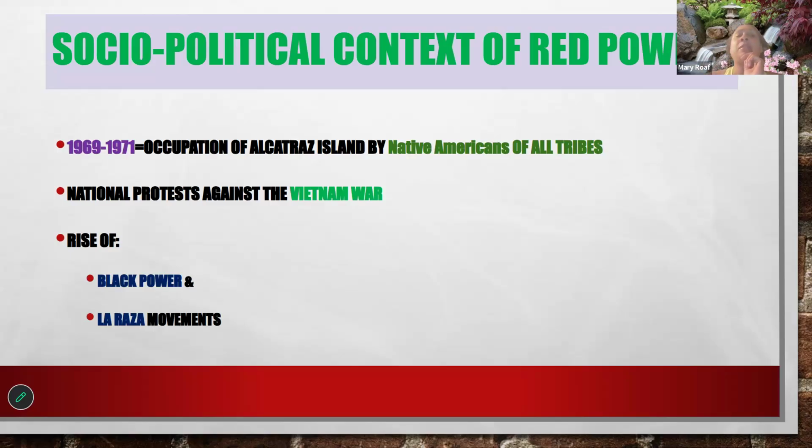We have national protests taking place against the Vietnam War. We also have the rise of Black Power and La Raza movements. And as the previous slide stated, we have the forcible removal of young Native Turtle Islanders from reservations so that now they're in proximity and increasingly in co-solidarity with these other social justice movements.